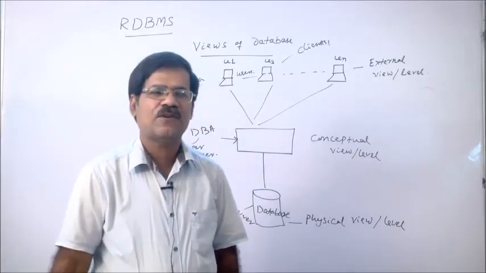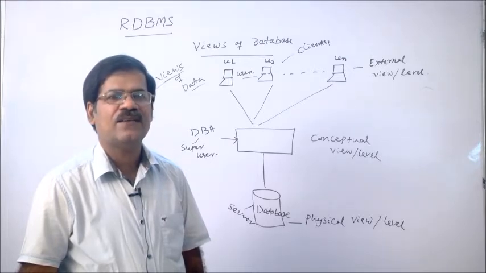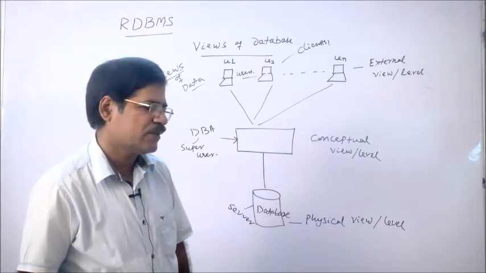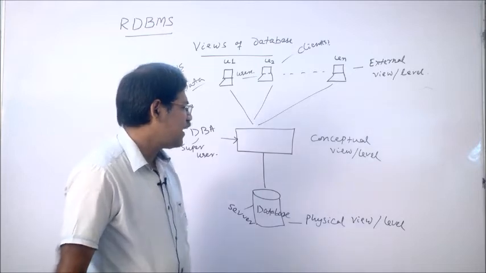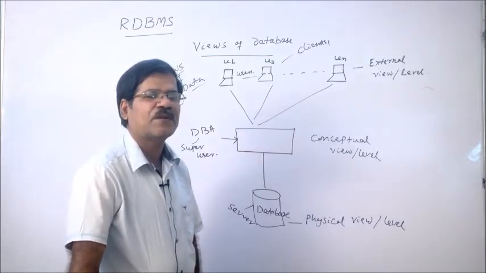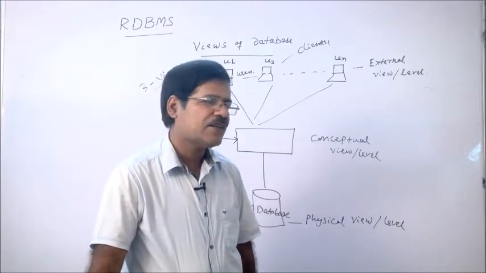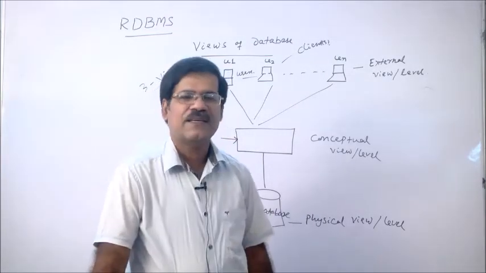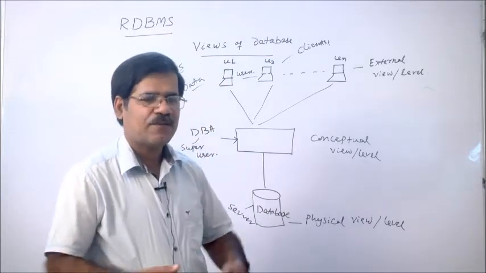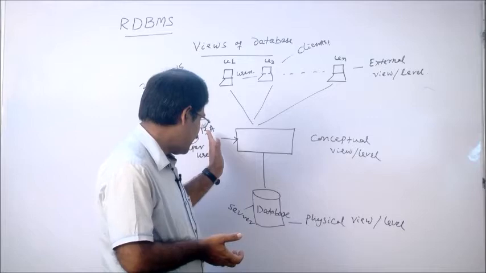What is the basic job of the DBA? The DBA is a person who provides permission to different users to access or use the database. What permission? Read permission, write permission and update permission: read some data from the database, write something on the database and update something in the database. That permission will be provided.